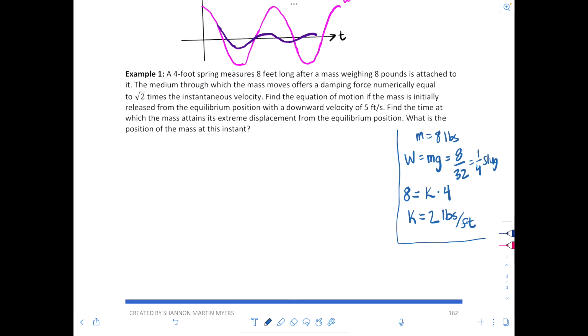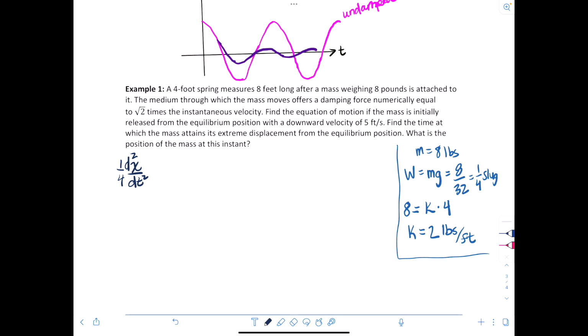All right, so let's take a look at what we've come up with here. So what will our equation look like? We've got 1/4 slug times the second derivative of x with respect to t. And then the damping force, right, is equal to what? Beautiful. Root 2 times the instantaneous velocity.